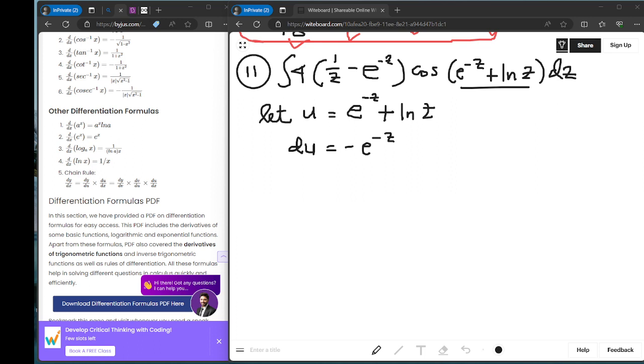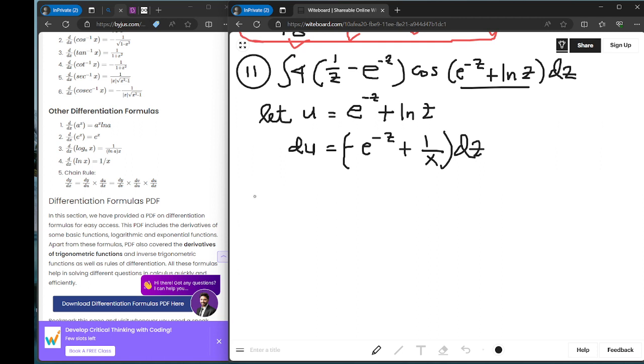Then after that, we get the derivative of ln of z, the natural logarithm of z. So that is 1 over z. Then all of these are multiplied by dz.